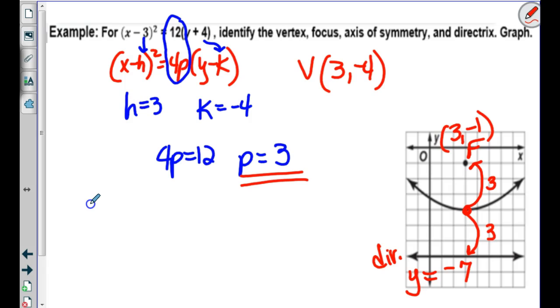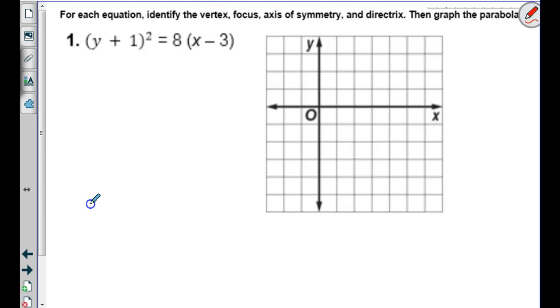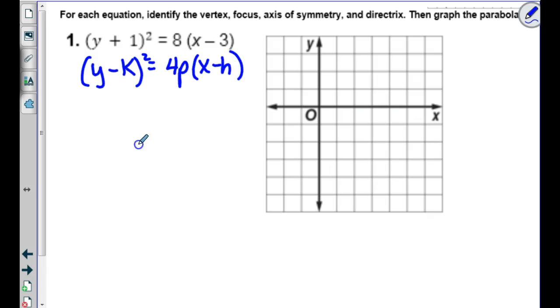If I had used the sheet instead, let's do it on the next one rather than waste time. Let's try this one using the sheet, using the recipe. Okay, what am I going to write underneath here? You have this one: (y minus k) squared equals 4p (x minus h).